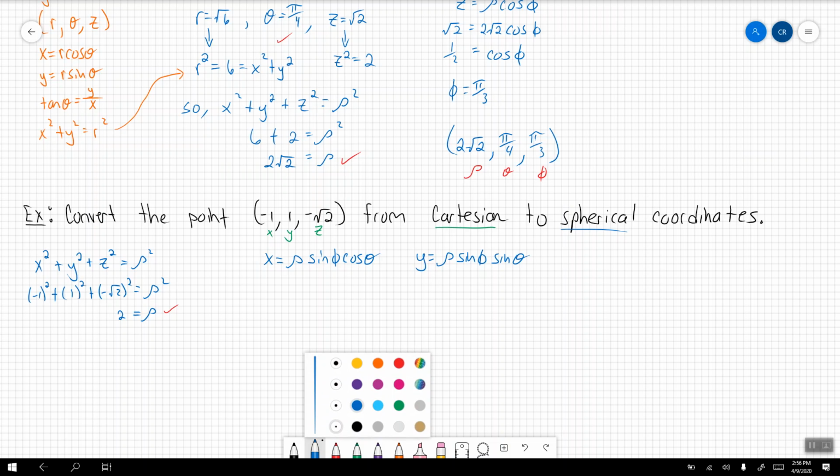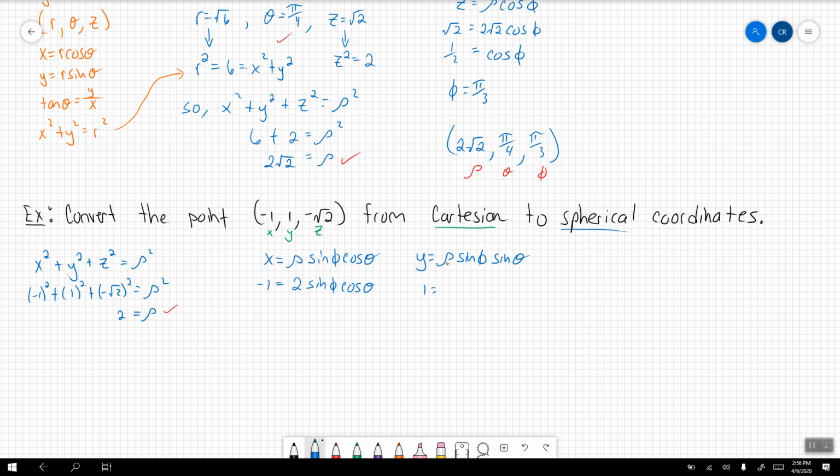I'm going to make my insertions for what I know. So the x coordinate here is -1, rho is 2, sine phi I don't know, cosine theta I don't know, that's okay. Going back over here, this is going to be y, which is 1. Rho I do know, that's 2. Sine phi I don't know. Sine theta I don't know.